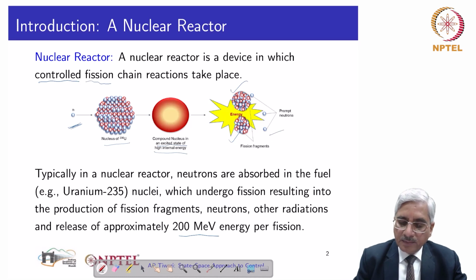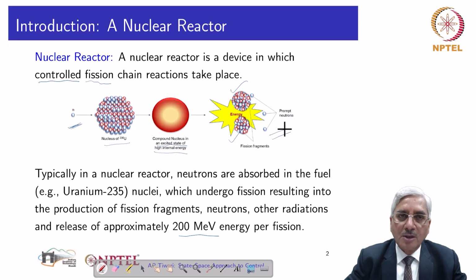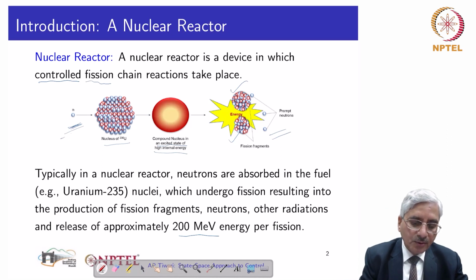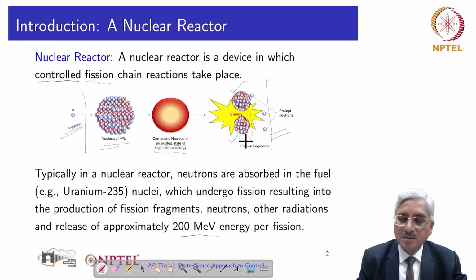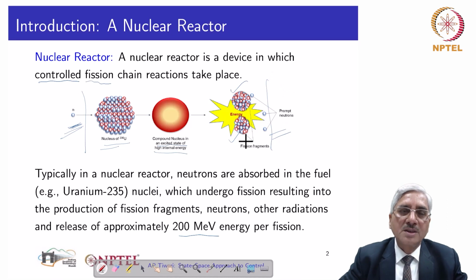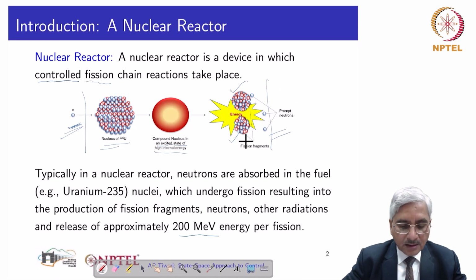These neutrons may get further absorbed, leak out, or they may cause further fission. And if the number of neutrons utilized in one generation is equal to the number of neutrons that emerge from fissions, if there is a balance, then the neutron flux in the nuclear reactor will remain constant.